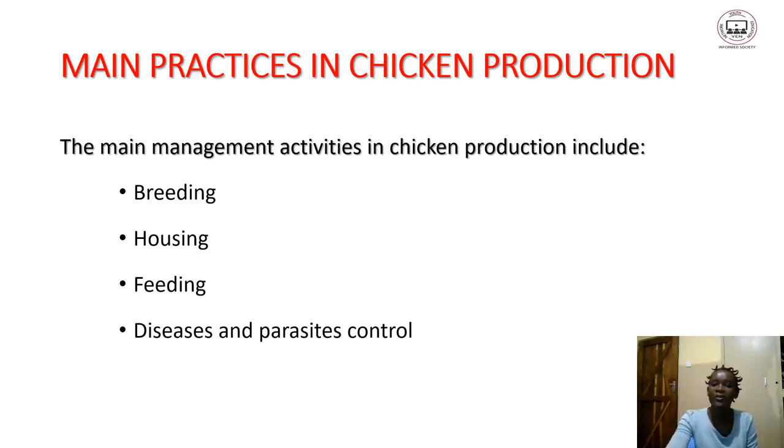So on the part of environment, that's what we're talking about here, the management activities in chicken production. If we can improve these management activities or practices which are done in chicken production, we can somehow improve as well as increase production in chicken.